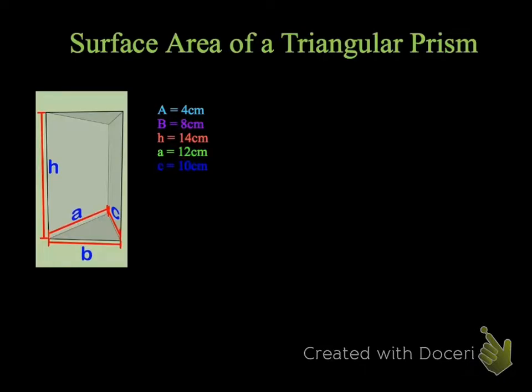I want you to do this last problem on the surface area of triangular prisms by yourself. The altitude is 4 centimeters. The base is 8 centimeters. The height is 14 centimeters. Side A is 12 centimeters and side C is 10 centimeters.